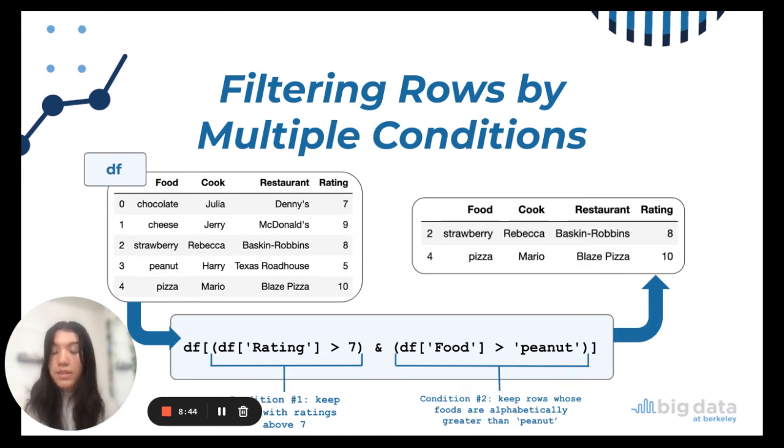In our previous example, we used the Boolean statement of ratings greater than 7, which keeps rows with ratings above 7, and we're adding a second condition where we're keeping rows whose foods are alphabetically greater than peanut. So we have these two conditions that we're applying to our original data frame, and once we filter all of those rows, we're left with only 2 rows which have 2 foods greater than peanut, strawberry and pizza, and 2 ratings that are greater than 7, 8 and 10.